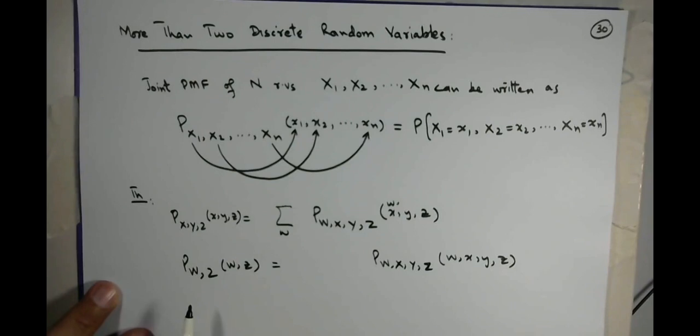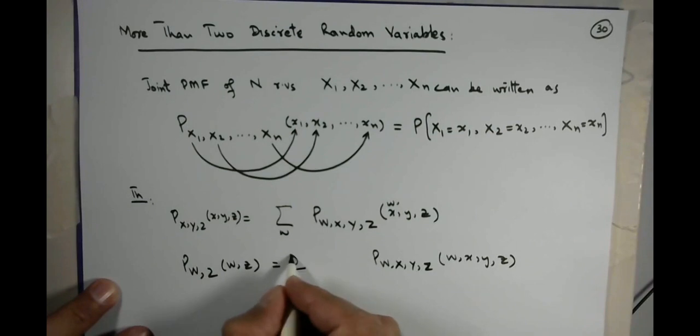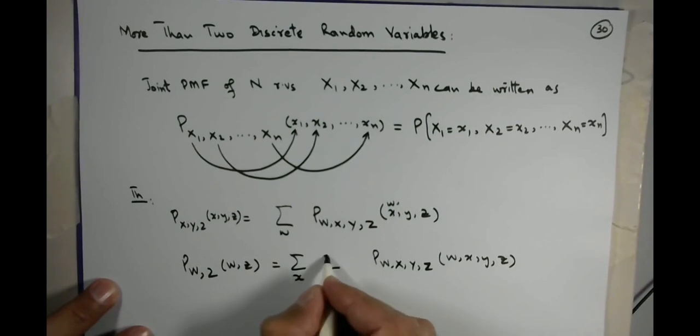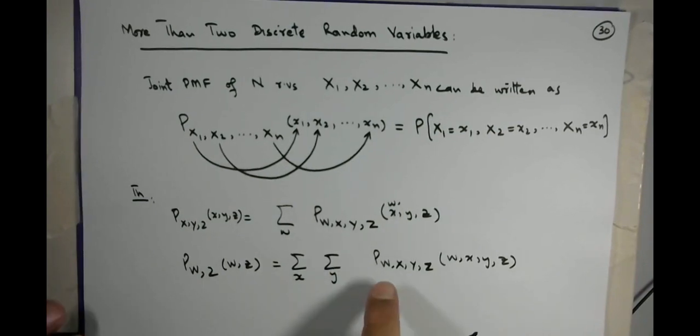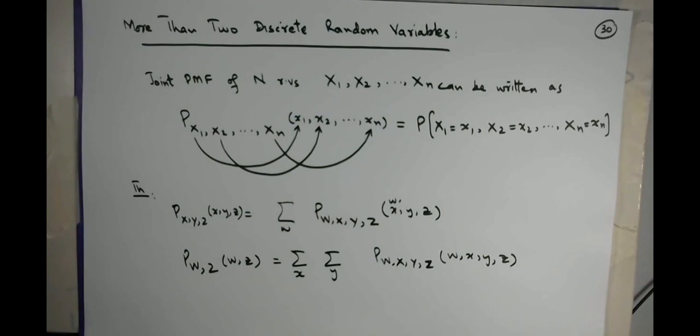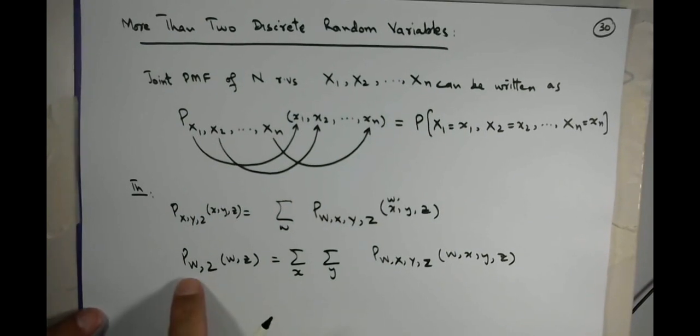You will simply sum the giant distribution along the variables which are missing here. The variables missing here are x and y. So you sum along x and then you sum along y the giant distribution, and you will get the marginal distribution on w and z.